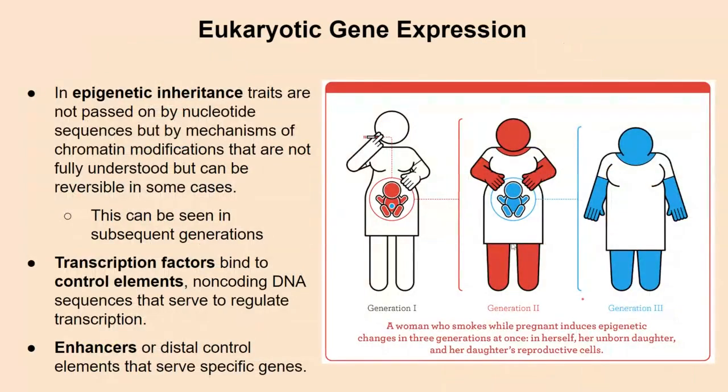One of the reasons we think this happens is through epigenetic inheritance, traits that are not passed down from the nucleotide sequence, but by the modifications of the actual chromosomes. And we see this in subsequent generations.